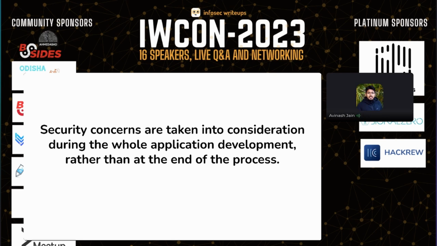And the main goal of having shift left security is to identify and resolve those potential vulnerabilities which might occur in your development life cycle much earlier, and much before, when they are very less expensive to fix.